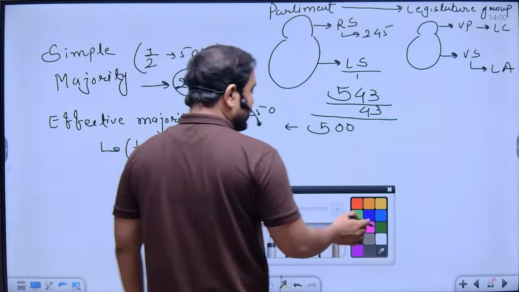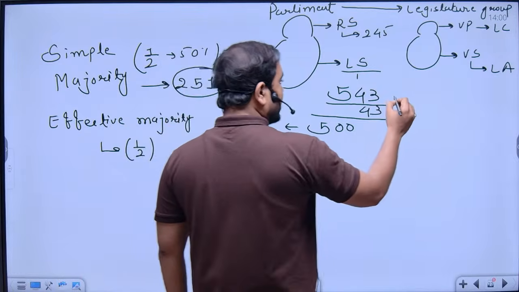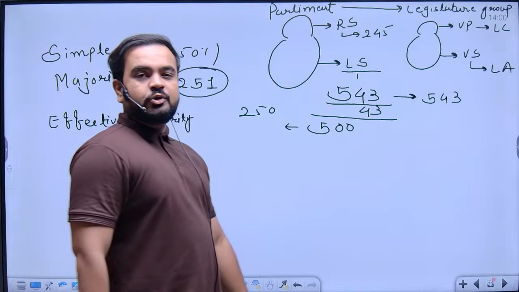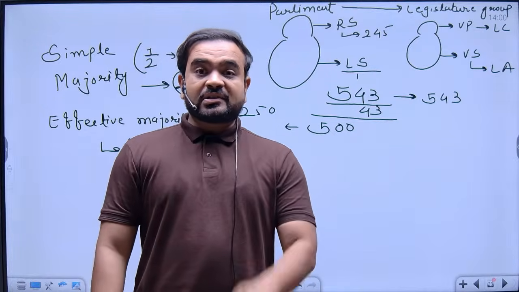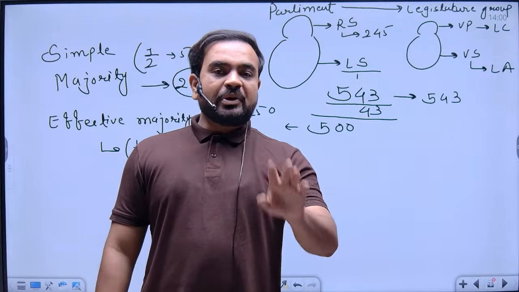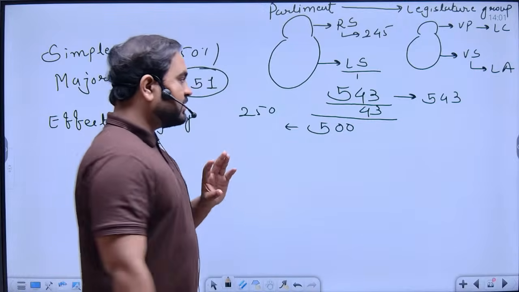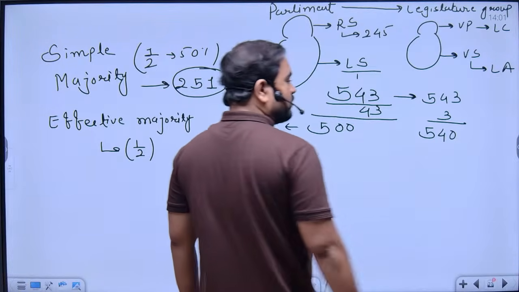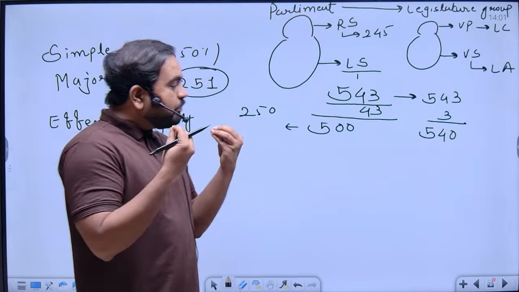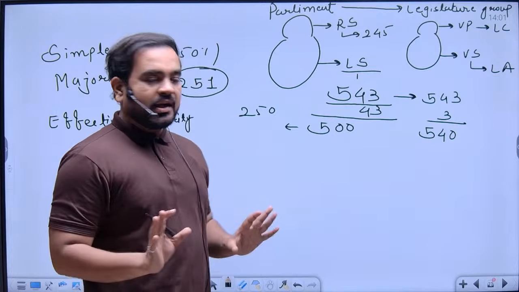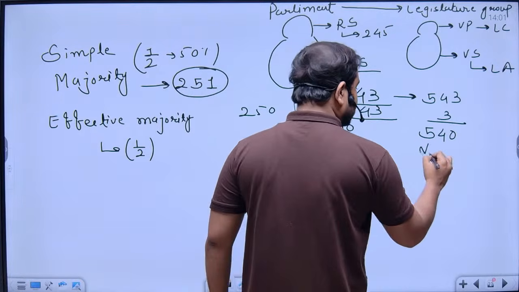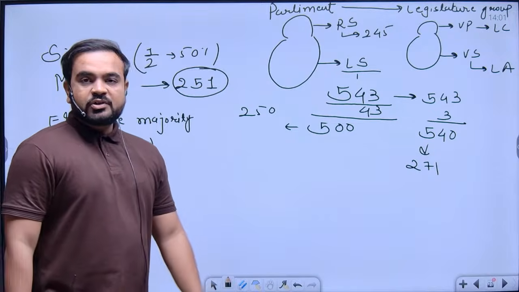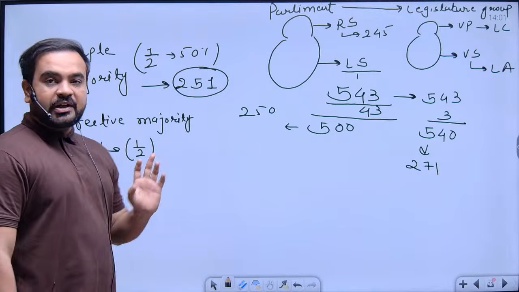Suppose 543 members are there in Lok Sabha, and after the election 3 members died due to some medical condition. That means 3 seats are vacant. Nobody is sitting on those 3 seats. So how many seats will be there? 540. Now, whether the full membership comes or not, you have to take half of it, and half of 540 is 270, plus 1 makes 271. So 271 is the effective majority.